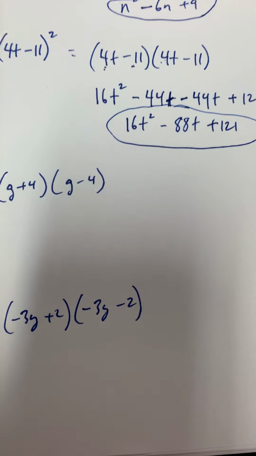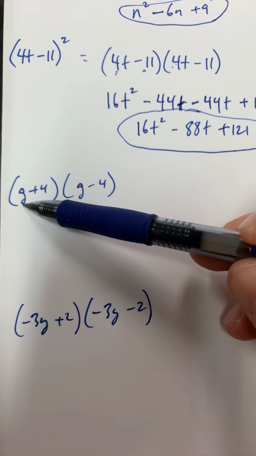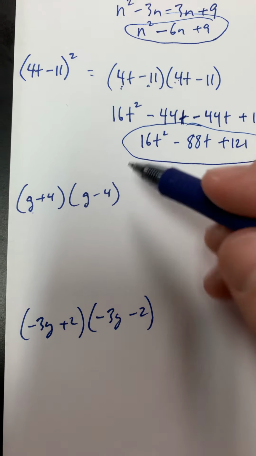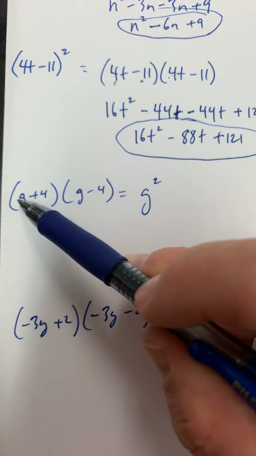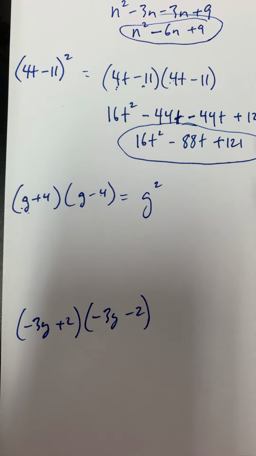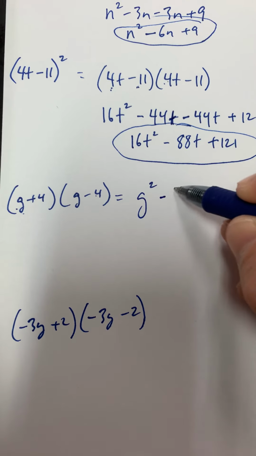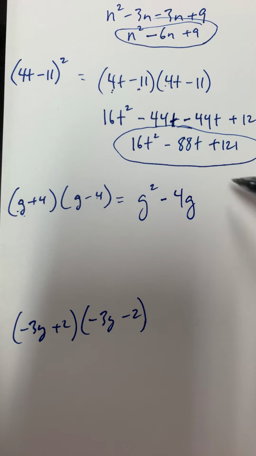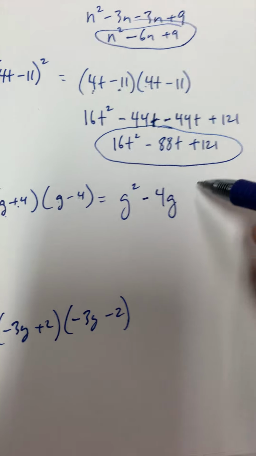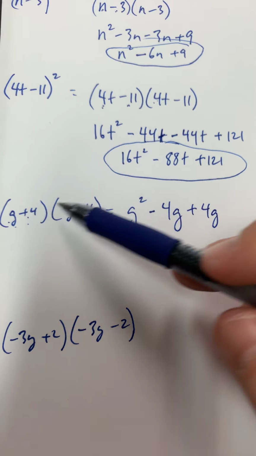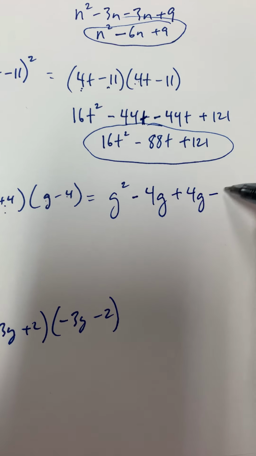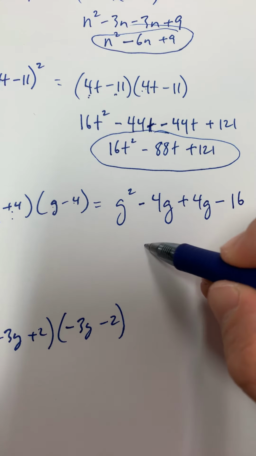All right, two more. G times g gives me g squared. G times negative 4 gives me negative 4g. 4 times g gives me positive 4g. And 4 times negative 4 gives me negative 16. Okay, so check this out.